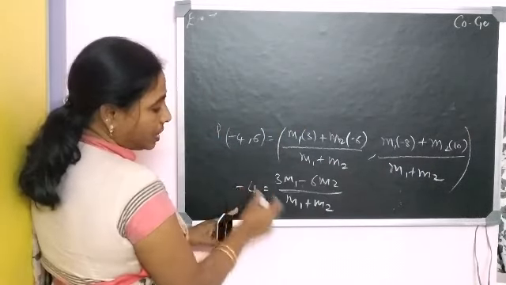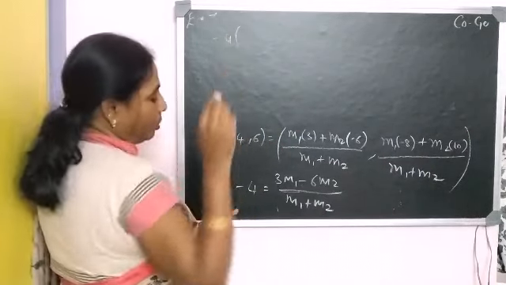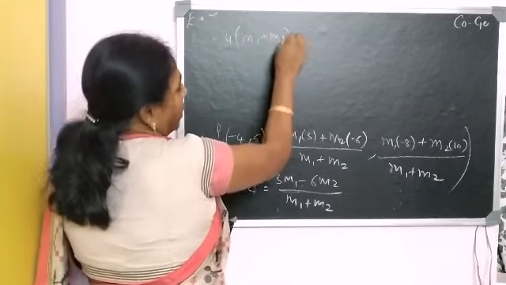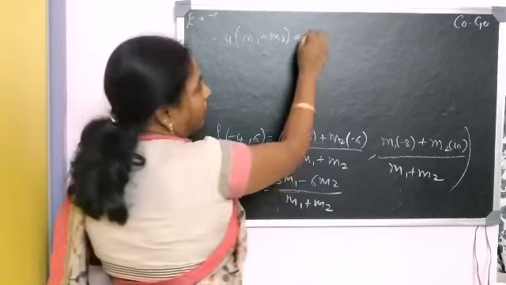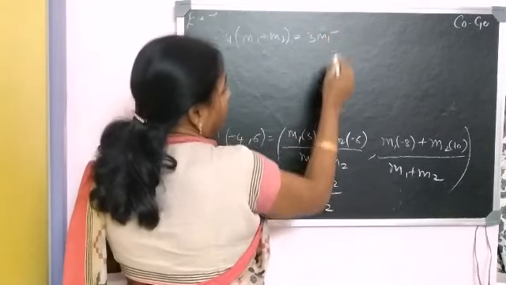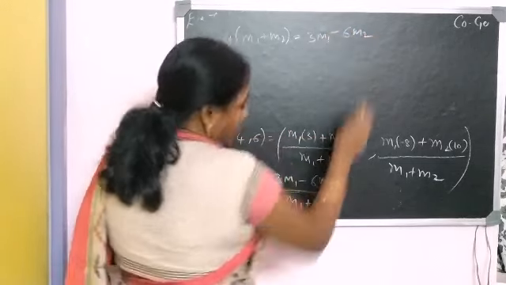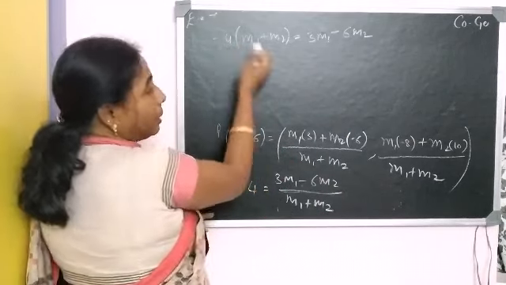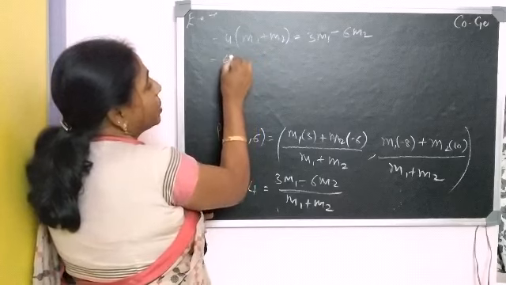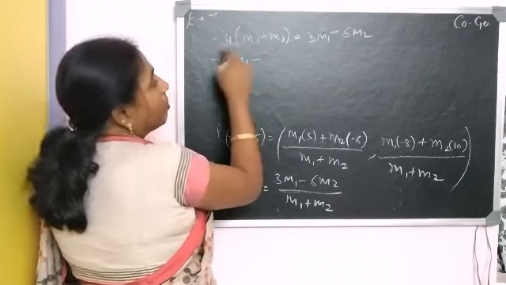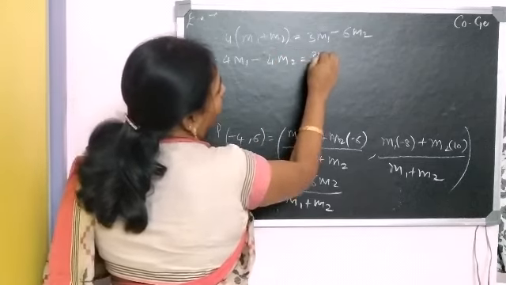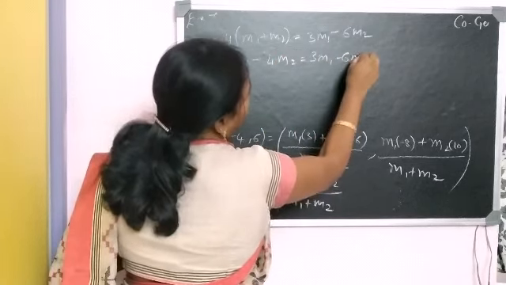So take this side, minus 4 into bracket m1 plus m2 is equal to 3m1 minus 6m2. Just I brought this to the other side. Now multiply these two. That is minus 4m1 plus into minus minus 4m2 is equal to 3m1 minus 6m2 as it is.